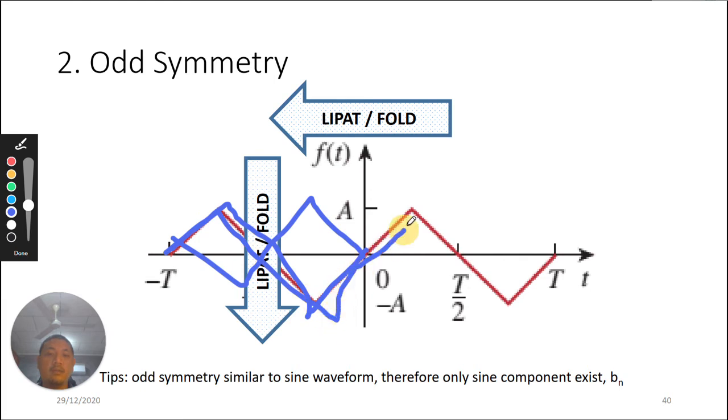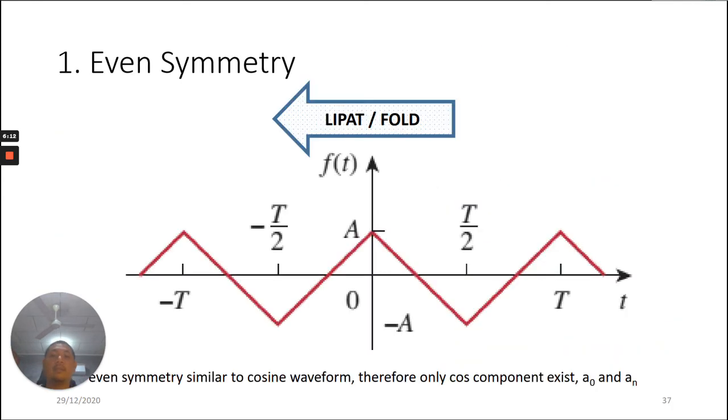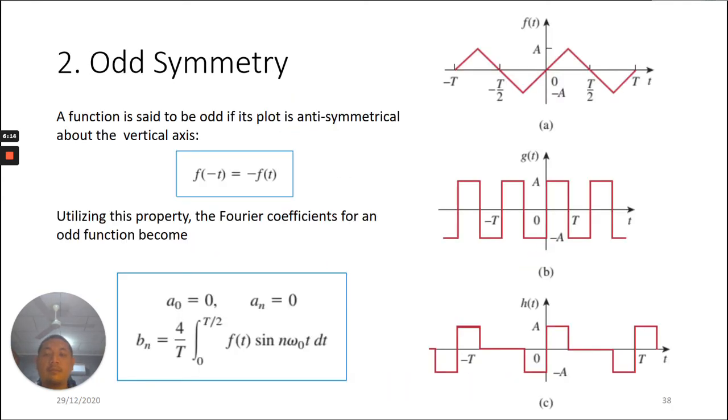So it is now symmetric to the positive side here, so it is called odd symmetry. For odd symmetry, you can assume a naught is 0, an is 0, so you just have to calculate bn.